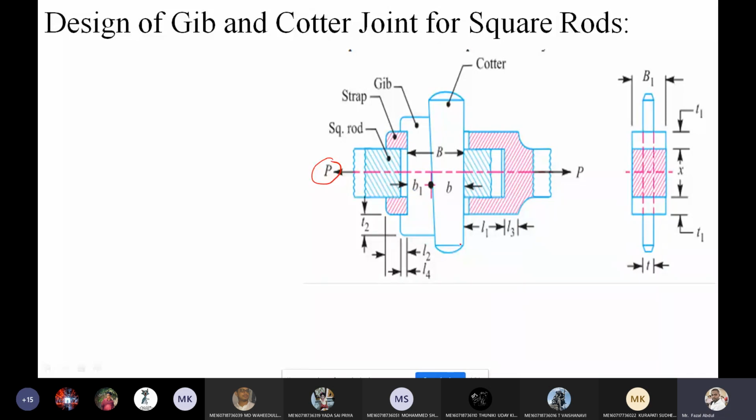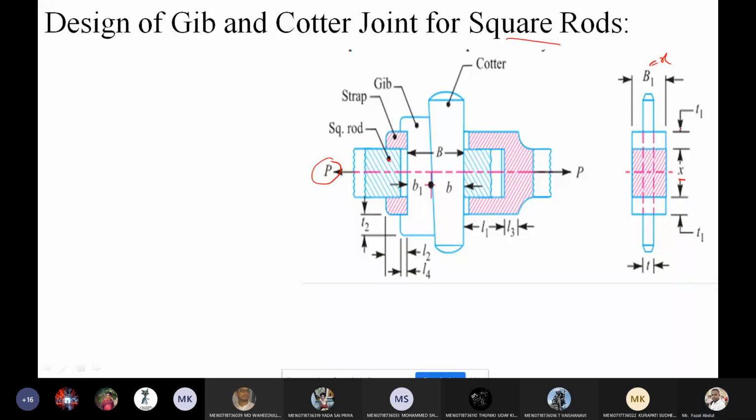This is the length L1, the length of the square rod from here to this end. And this LT represents the strap end from here to here. The strap end has a square cross section of width x and height x, so this b1 is equal to x because this is a square rod.